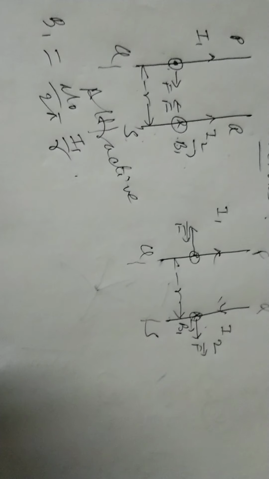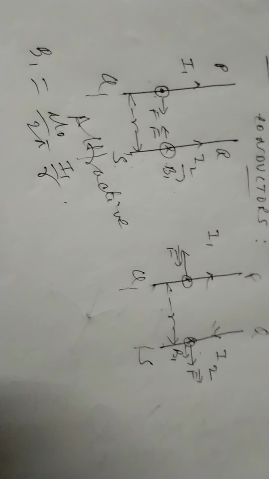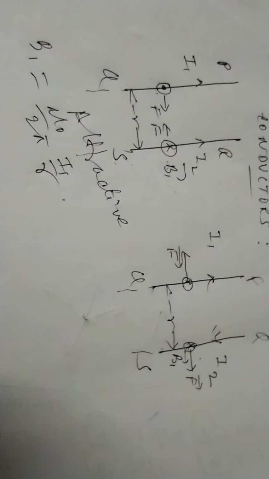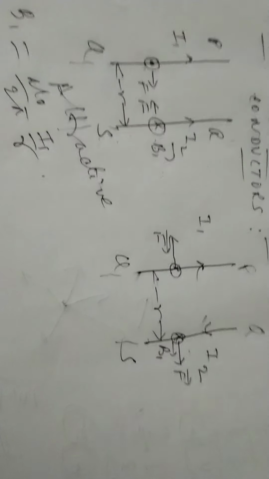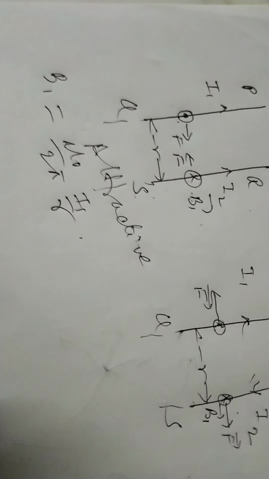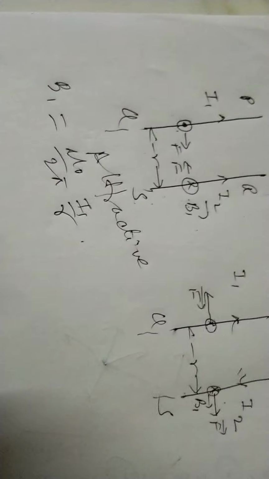Now again, the conductor RS carrying the current I2. Let's see, the wire RS carrying current I2, and here the magnitude of the force is given by the formula BIL sin theta.